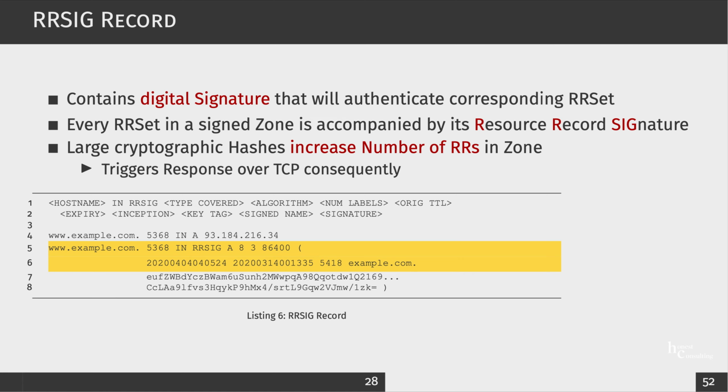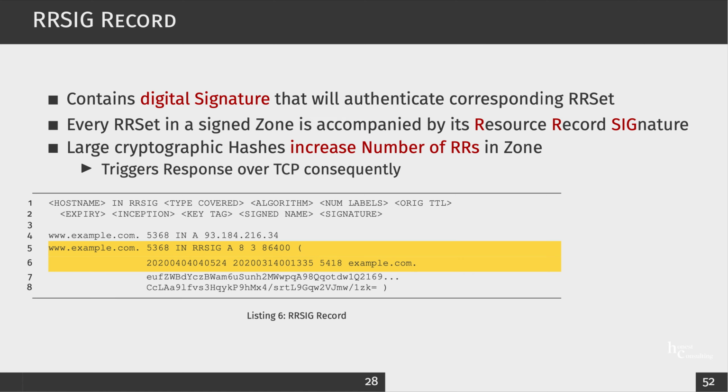Then we have the algorithm, we have some labels, we have the original TTL that was assigned to the A record before, and then we have a couple of values for when this signature starts to be used and when the end of this signature is.